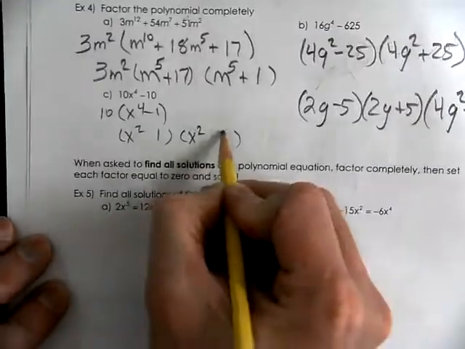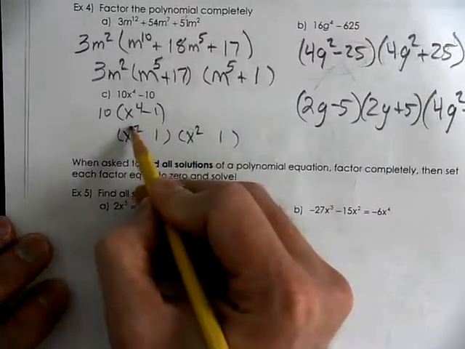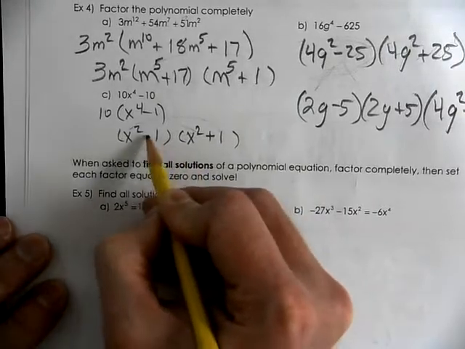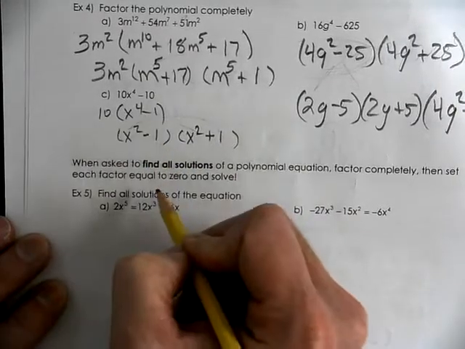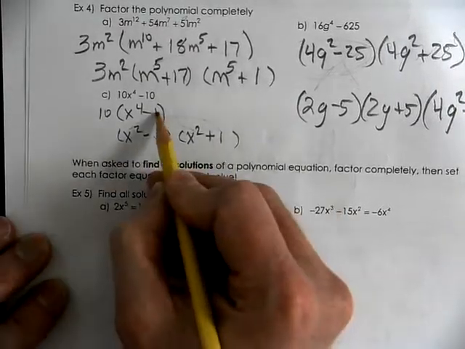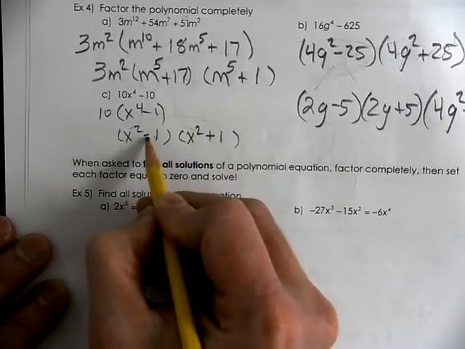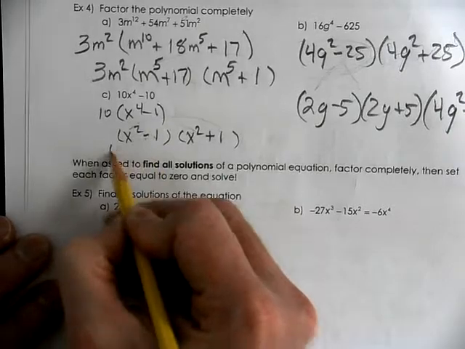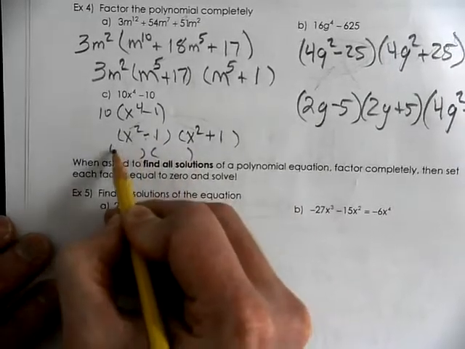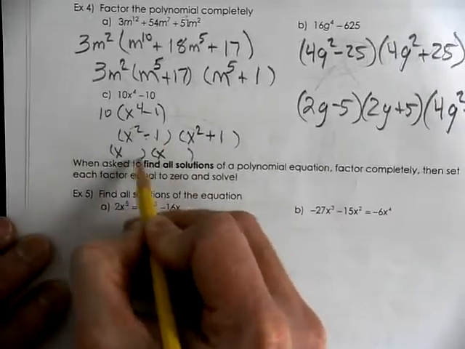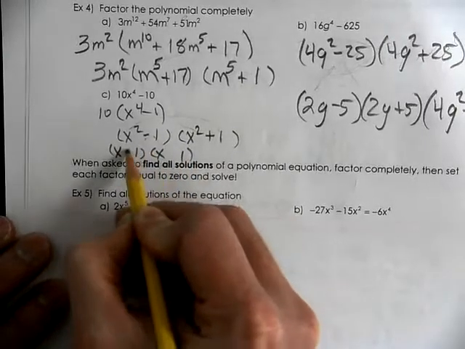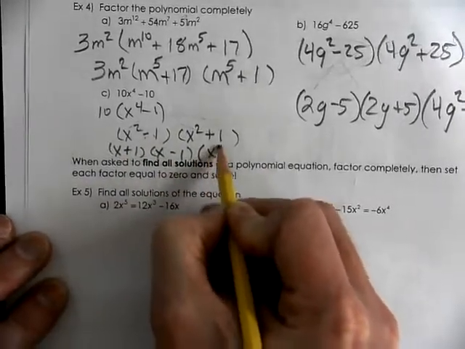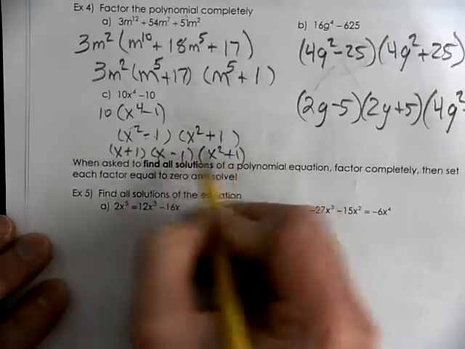We would still have 1 and 1, because we'll have positive 1 and negative that makes 0 in the middle, and 1 times 1 makes 1. Notice this is the difference of two squares again. So we have to break this one down, and it would be x times x, 1 times 1, a plus and a minus. This is x squared plus 1.